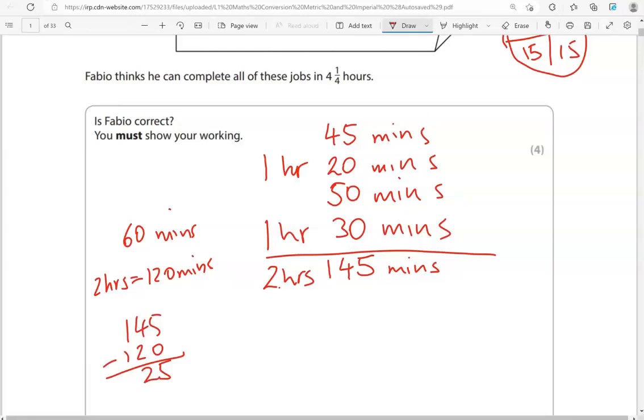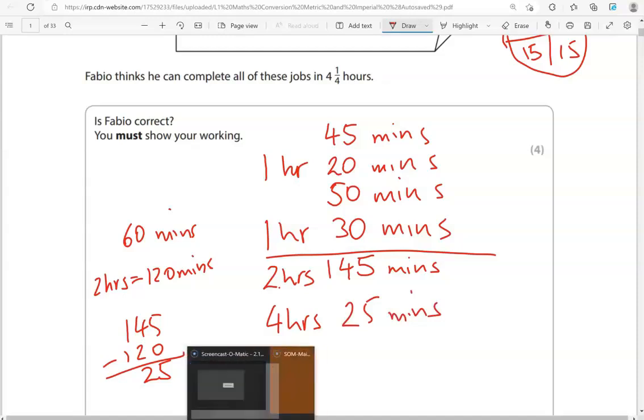So that's 2 hours that I took away by taking away 120 minutes. So I'm going to add 2 to the 2 hours that we already have. So that is 4 hours and 25 minutes in total.